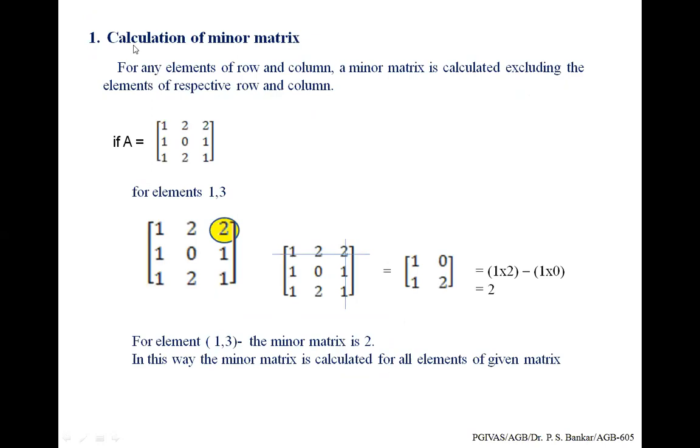So first of all, calculation of a minor matrix. This is not a new term to you, I think, because for any element in a row or column, we considered this yesterday while determining the determinant of a matrix. Whenever we are considering any element, we are estimating the minor matrix.